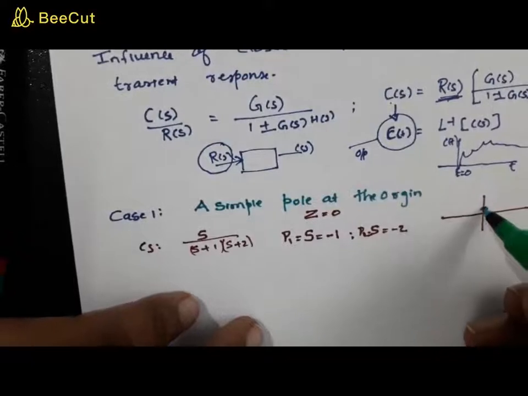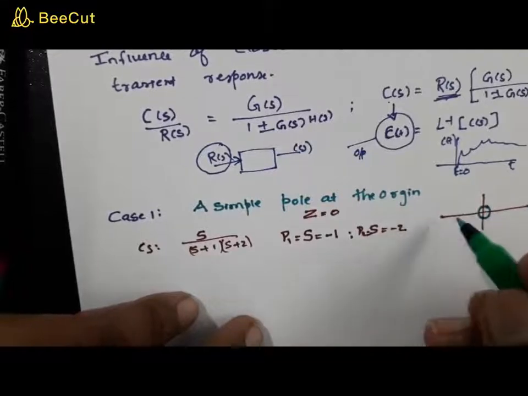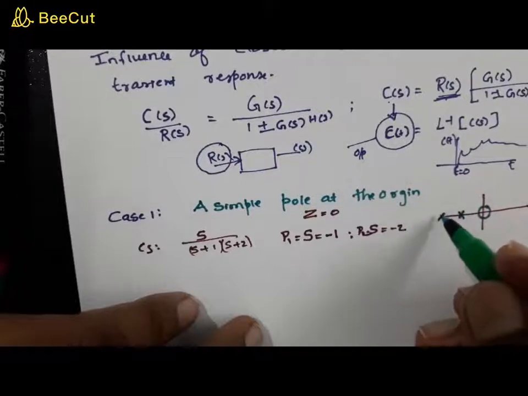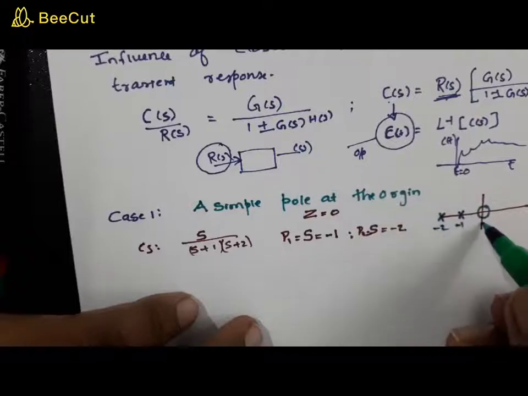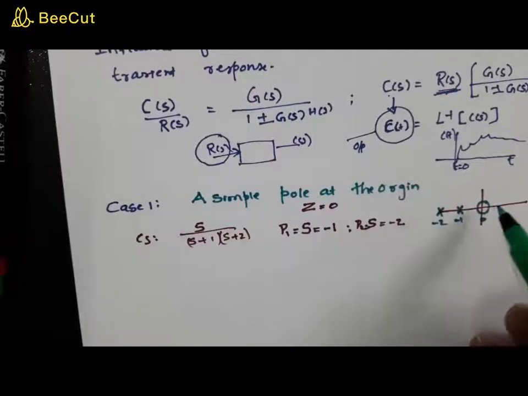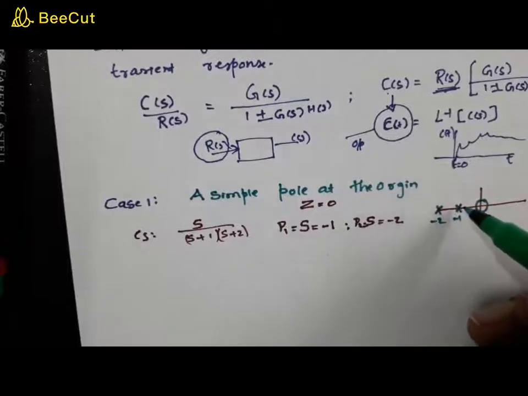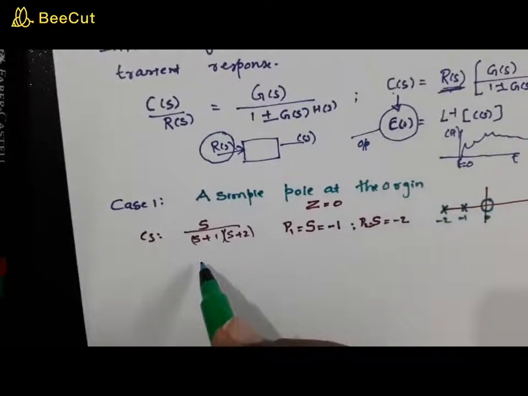So you will be plotting like this, right? You will represent s equal to 0 by a circle, so this represents a zero, and you will have a pole at minus 1, marked by a cross sign, that is, this is minus 1, this is minus 2, and this is 0, right? We'll say that all these poles and zeros are called simple poles because at a particular location you have only one single pole. There can be a situation, say something like this.